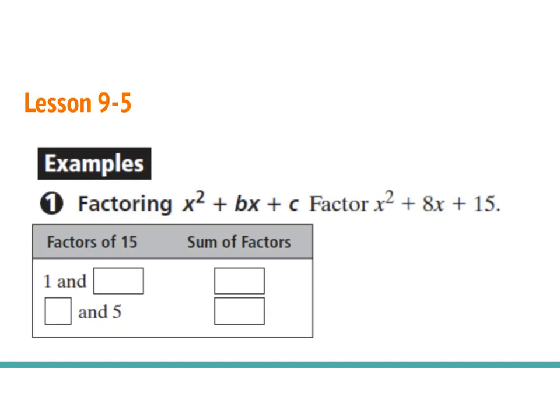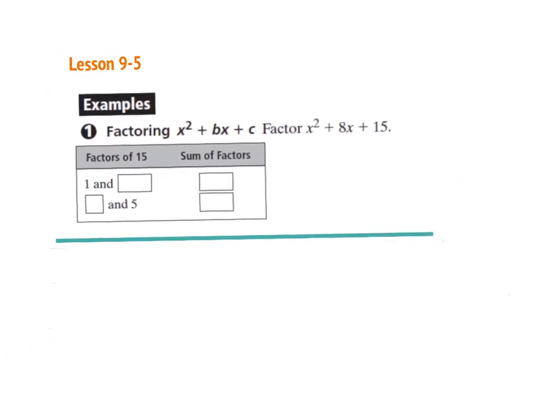If you think about what was used to create this trinomial, remember our last terms had to create that 15, and our first terms had to create that x squared, and our outers and inners created the 8x.